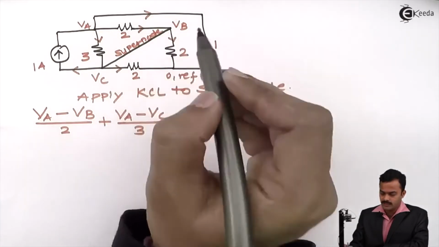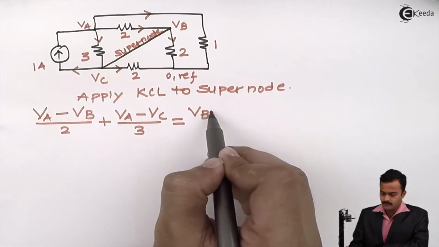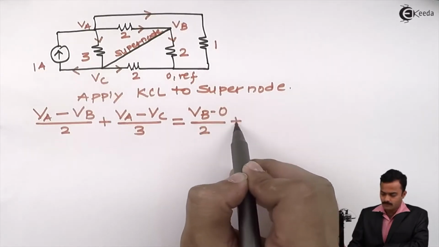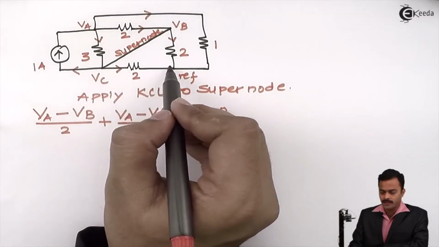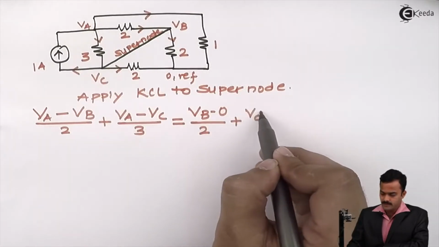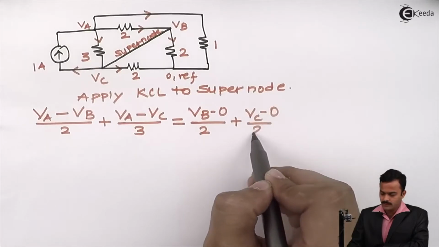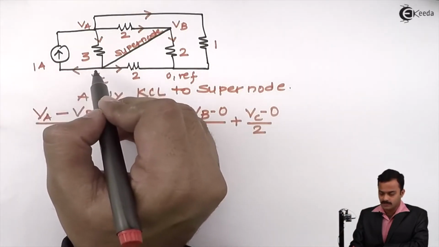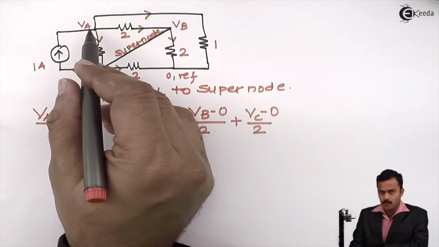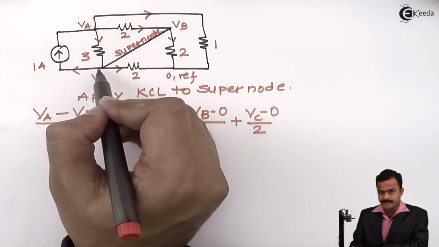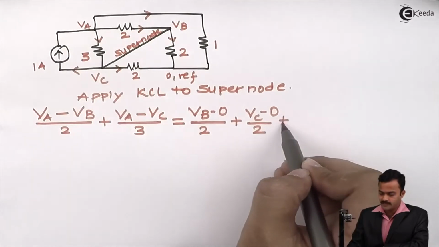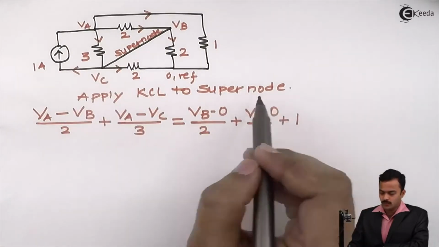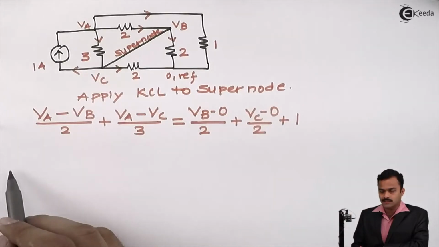For this outgoing current, it is VB minus 0 divided by 2, plus this is also an outgoing current, VC minus 0 divided by 2, and let's not forget this current which is also between points A and C, and for C it is outgoing and it has a fixed value of 1 ampere. So KCL to the supernode will give me this equation.